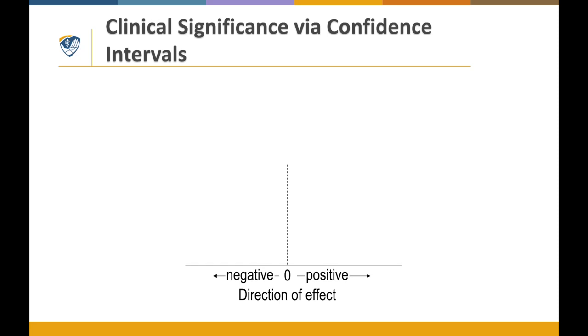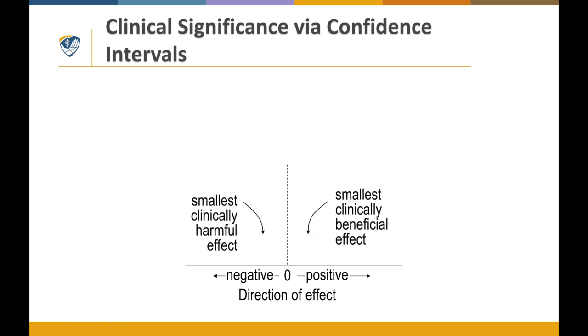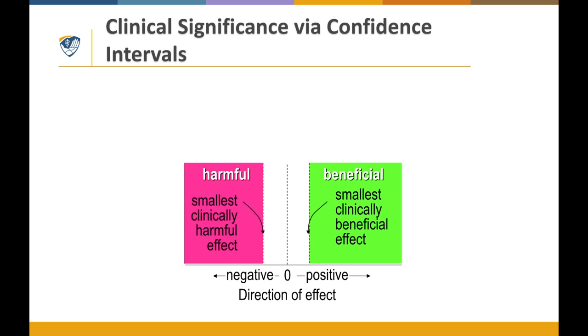So we use a sample and look at their response and then try and make some determinations about what the reality might be in the population. And so what we can do is think about the confidence intervals and the means as creating these boundaries and these areas that indicate beneficial or harmful responses, or in the middle, a trivial response.